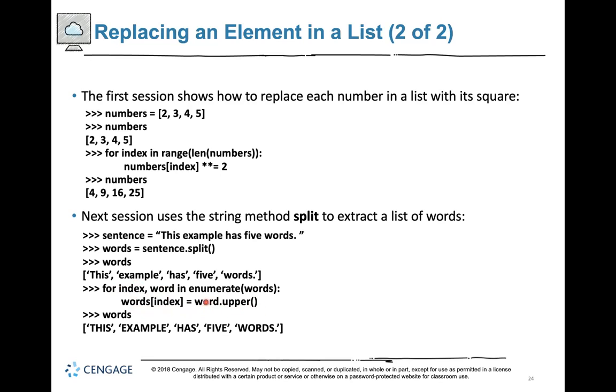And then we're making some modification. We're saying, let's change the word to uppercase, and then put that uppercase word into that position. So we're modifying everything. Now they're all caps.